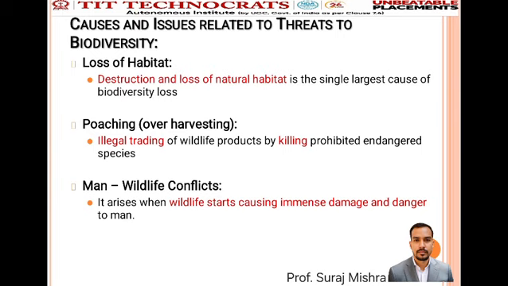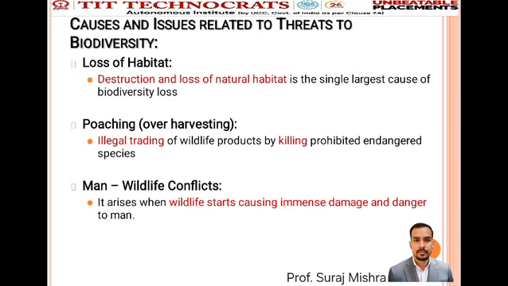Another cause is poaching, which means illegal hunting of animals for their skin or fur. Another cause and issue related to the threats to biodiversity is the man and wildlife conflict. Because of human encroachment, forest cover is shrinking.